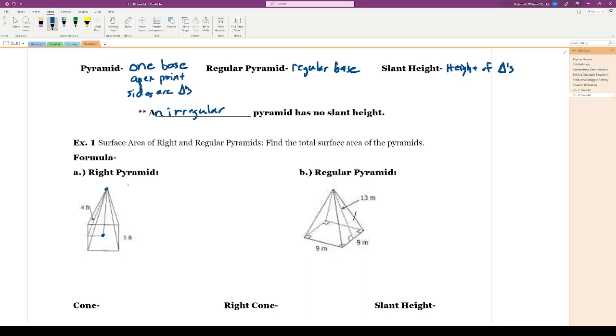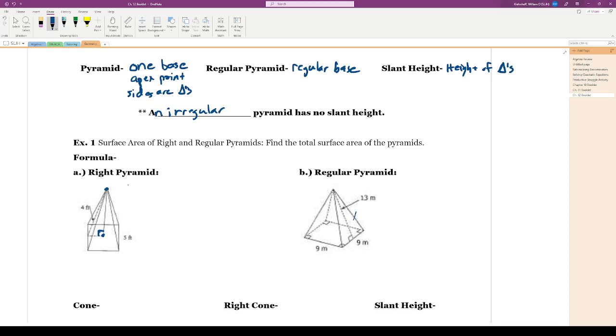So most of what we're doing is going to be based around regular shapes, or at least right pyramids. So remember, right pyramid is talking about the angle here, that the altitude or the segment connecting the centroid of the base to the apex is going to be perpendicular to the base.